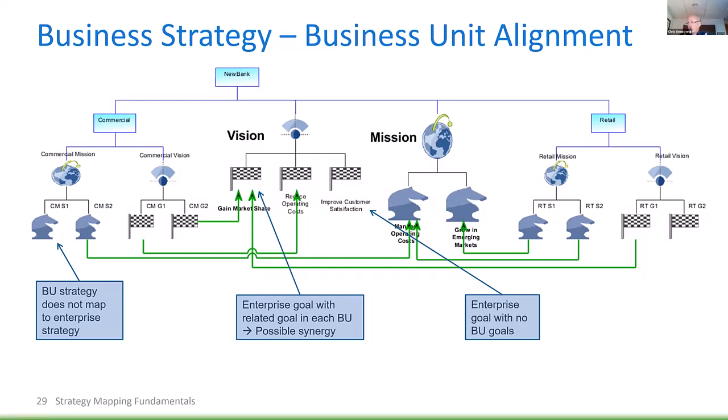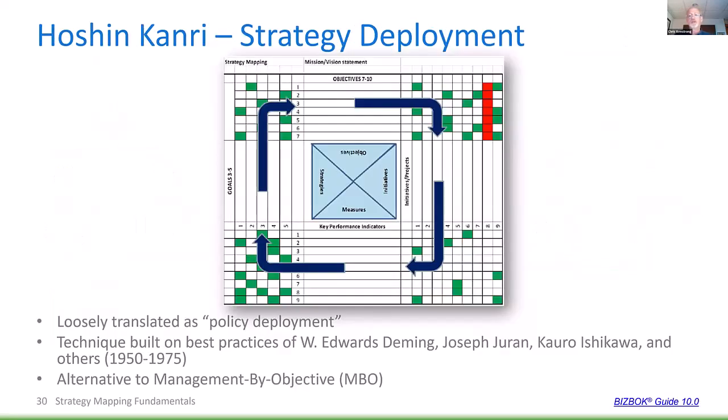So again, the whole point of this is to bring visibility and transparency to this complexity so that we can make informed decisions as early as possible when we're putting together the initiatives that come out of our strategic planning.